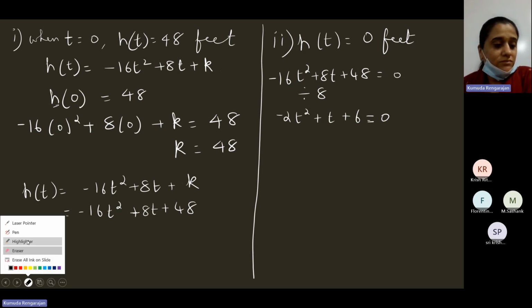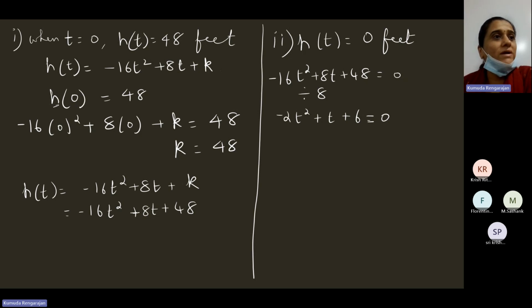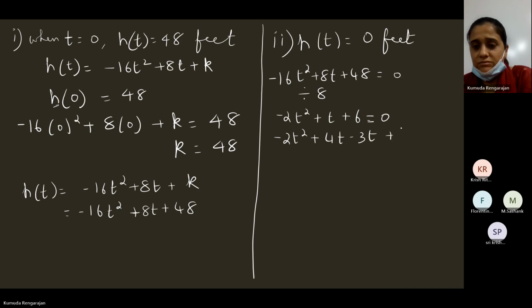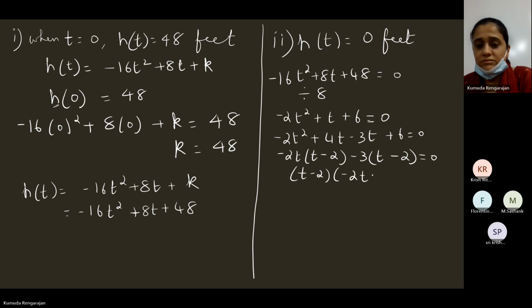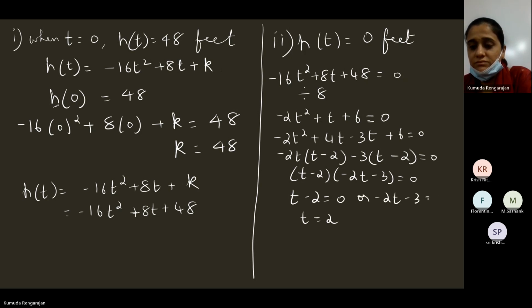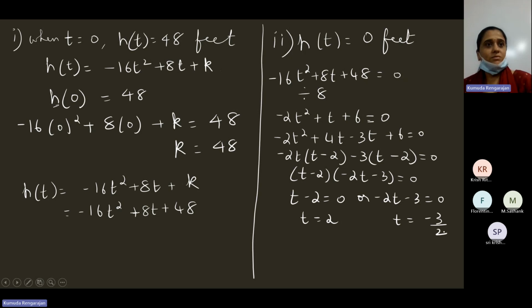So split the middle term: 4 and 3, plus 4 minus 3. Correct? t is 2 and minus 3 by 2.